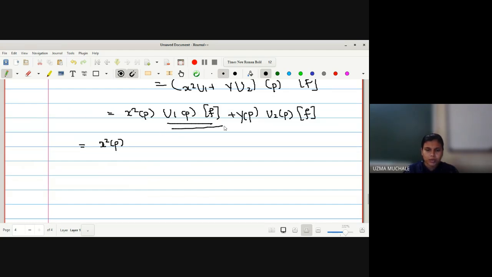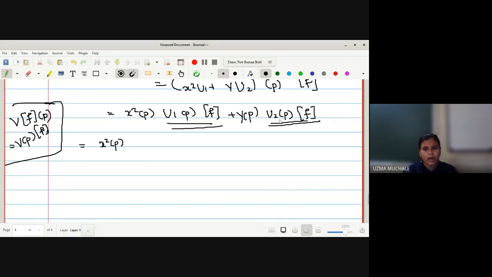Now again you can use the definition in a reverse way. u1 u2 are vector fields. So again I will write down the definition. Vf at a point P is equal to Vp at V of P and directional derivative function f. So V and W, all these are vector fields.